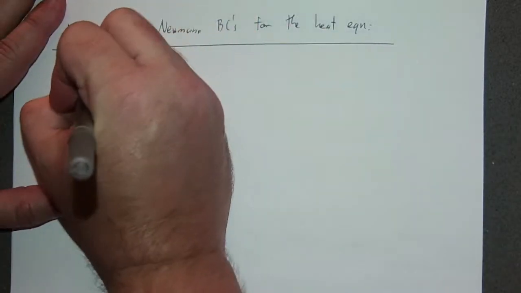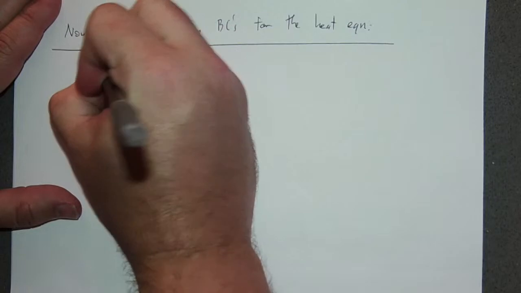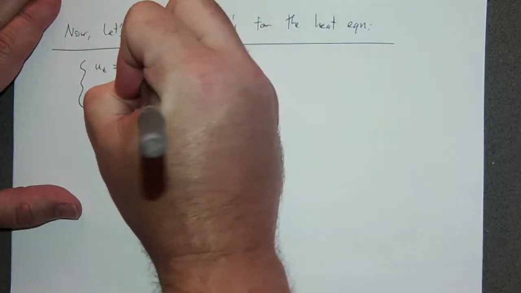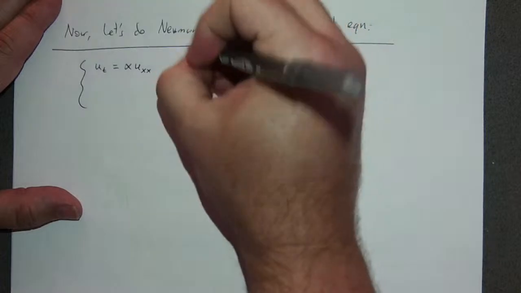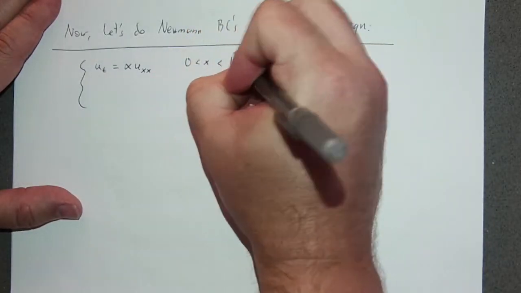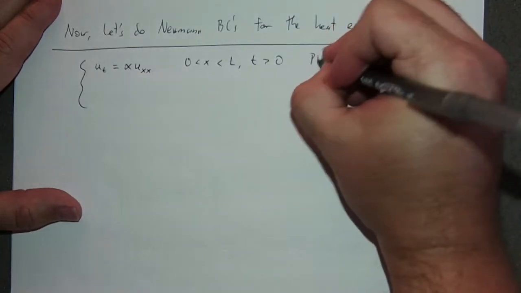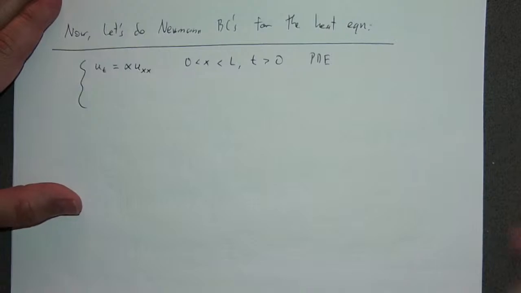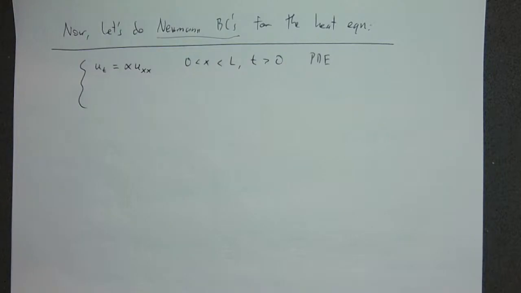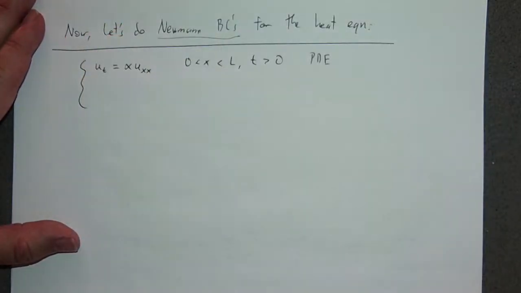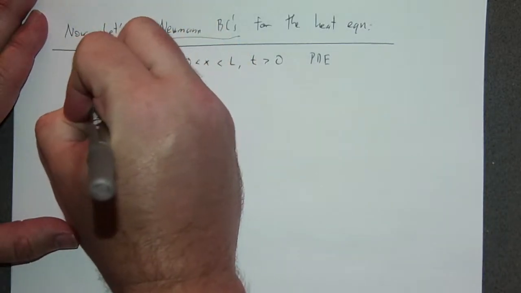The associated IVP BVP is u sub t equals alpha u sub xx, where again x is between 0 and L, t is positive. That's my PDE. My boundary conditions now are Neumann BCs, homogeneous Neumann BCs. This makes everything easier. We will not do inhomogeneous cases for all these, and you'll see how we adapt there. But for now, let's just do the homogeneous problem, because it turns out we need to be able to solve that for the inhomogeneous case anyway, which is probably not that shocking to you.